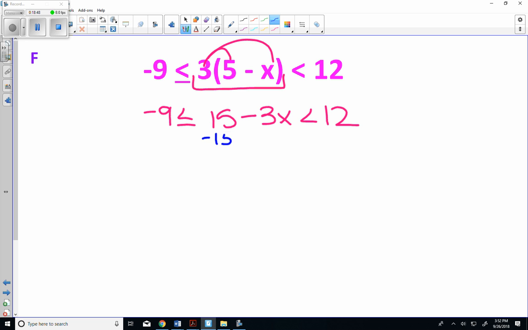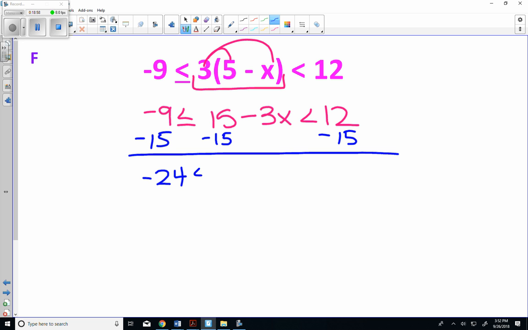Then we're going to subtract 15 from both parts of the inequality. This part is a negative 24 is less than or equal to a negative 3x, which is less than a negative 3.